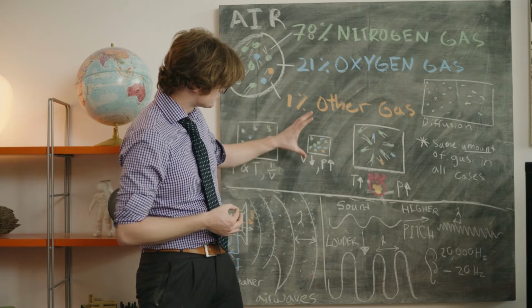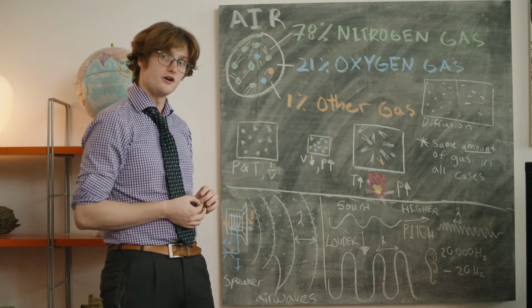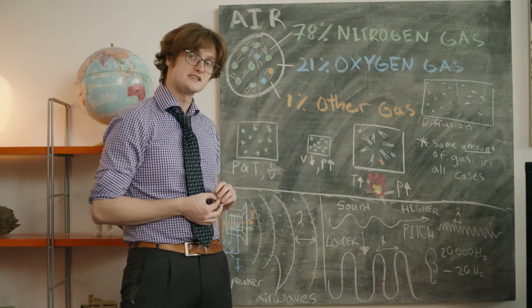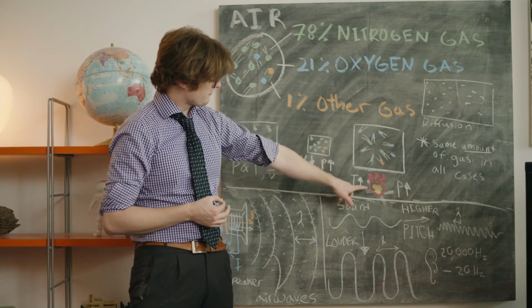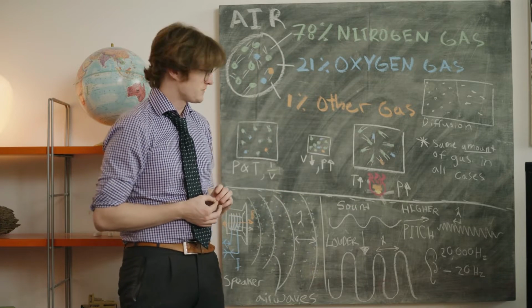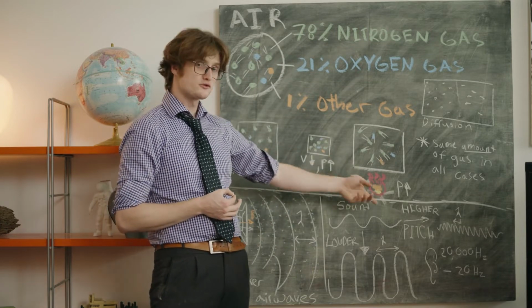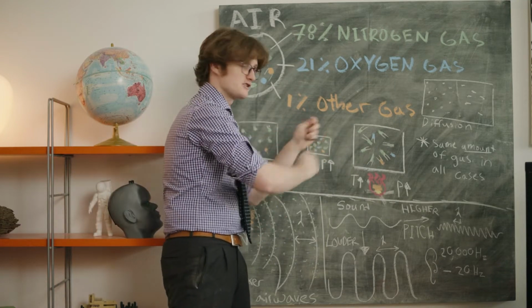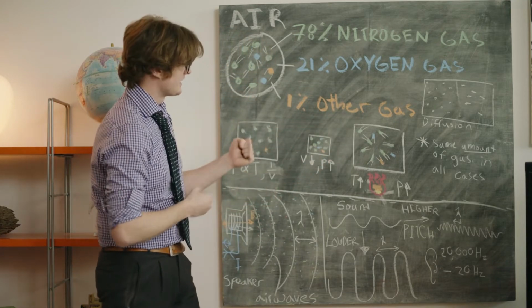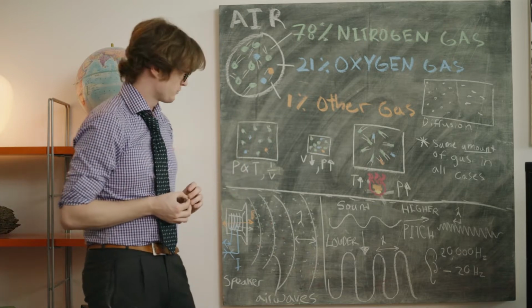If I compress this volume, I'm going to increase the pressure, okay? Similarly, if I increase the temperature on this box, I am also going to increase the pressure, because these little particles are going to get more energy and they're going to be hitting all the walls and exerting more pressure.